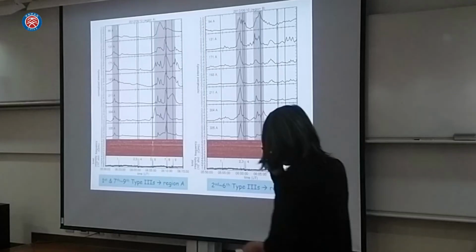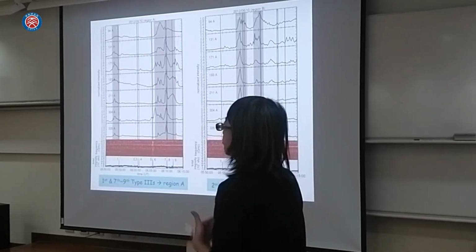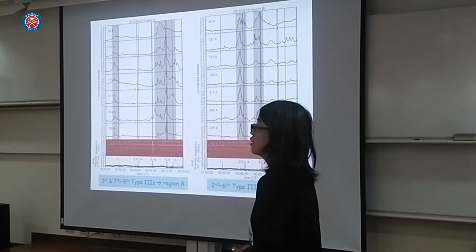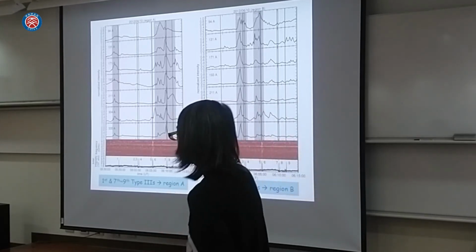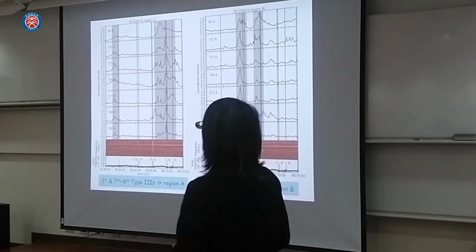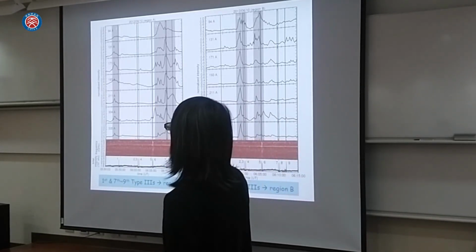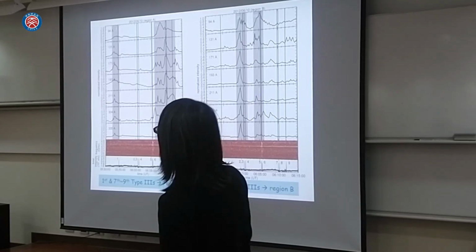Okay, so because we want to look for the relationship between the brightening and the pre-flare type 3, we apply all the different reference light curves.